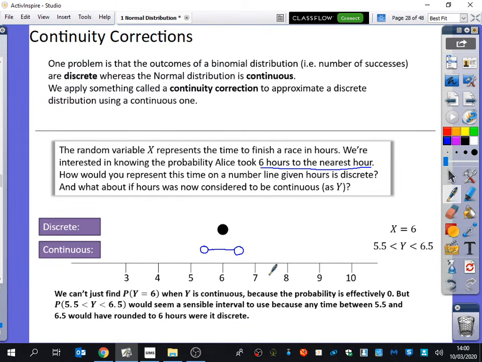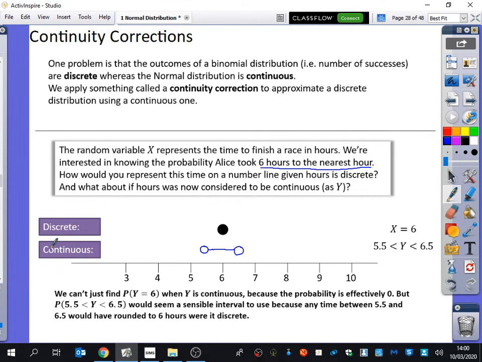That entire range would represent the discrete version of it being equal to 6. So in discrete language, x is equal to 6. In continuous language, we're actually saying we're interested if Alice's race took between 5.5 and 6.5 hours. We have to correct the fact that we're taking it from discrete to continuous. So like I've just said here, we can't just find the probability that y is equal to 6 when y is continuous, because the probability is effectively 0.